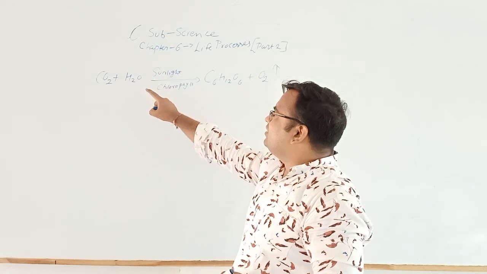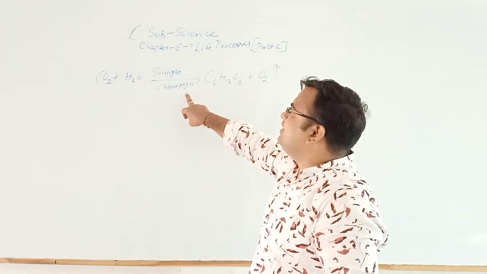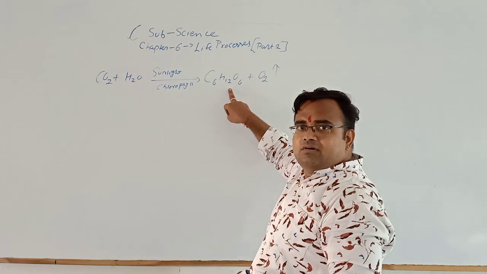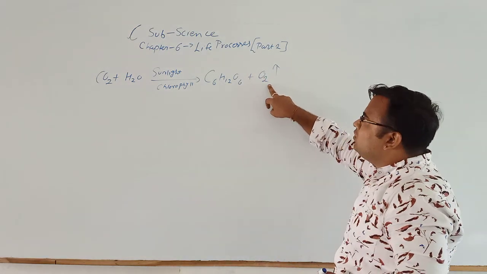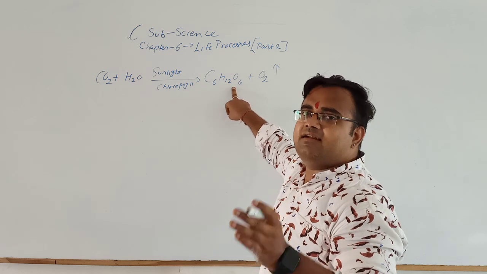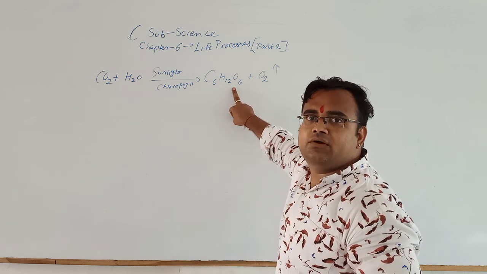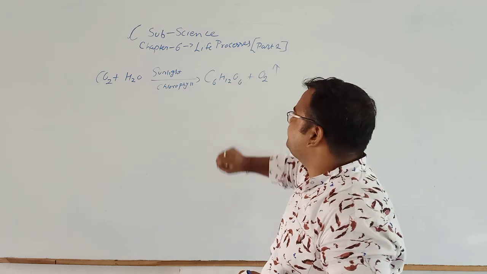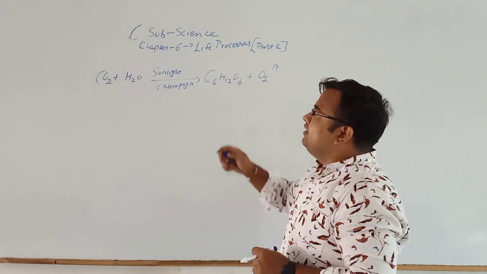Carbon dioxide plus water in the presence of sunlight and chlorophyll produces glucose and releases oxygen. Then glucose is converted into starch, and that starch is finally stored in the plants in the form of food. So this is the reaction.